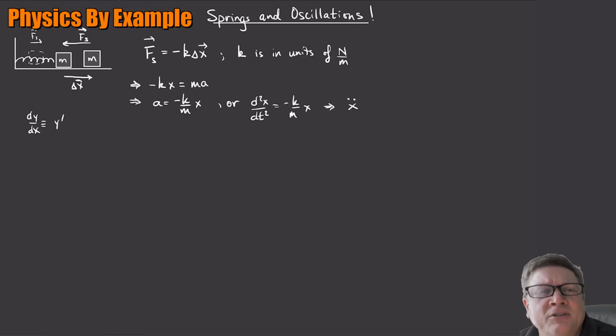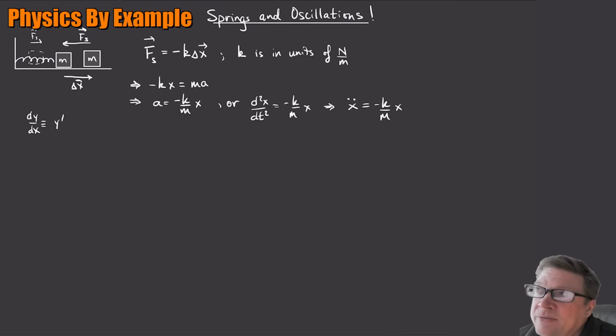Sometimes in calculus books you see that as y prime. Have you ever seen that? We can save that for taking derivatives with respect to something in space, like x. In physics, we want to make time a little bit special, so usually we just put a dot over the thing instead of a prime. It's just notation, just to save writing. So I can write this as x double dot, which is how it's pronounced, equals minus k over m times x.